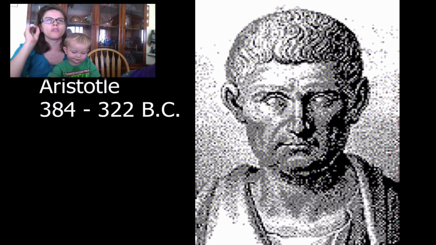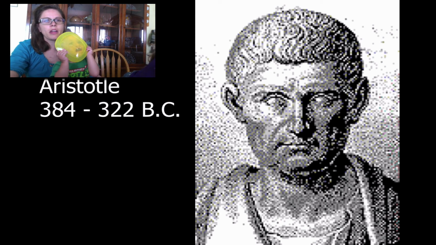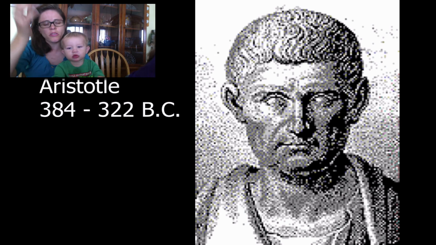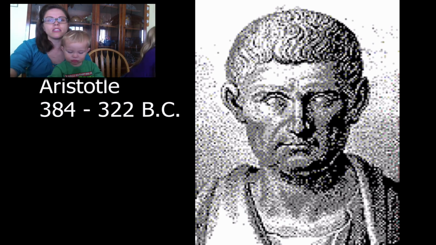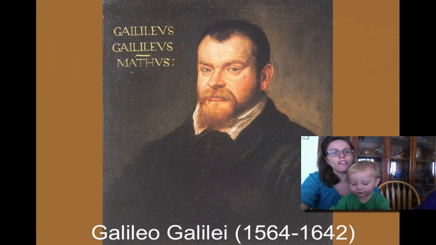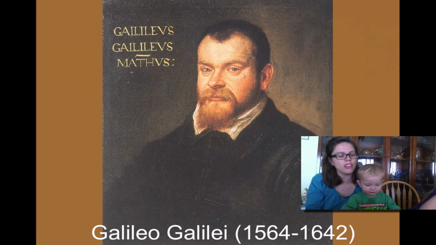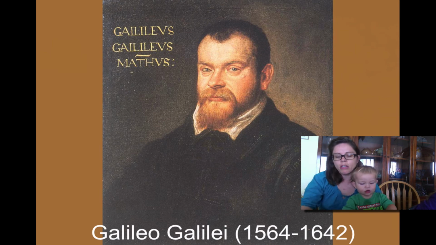Left alone, things would go to the resting place and just stay there. No one really questioned this because that's kind of what they observed in their lives. It wasn't until the 1500s that someone else, Galileo, came along and really tried to challenge Aristotle's ideas.